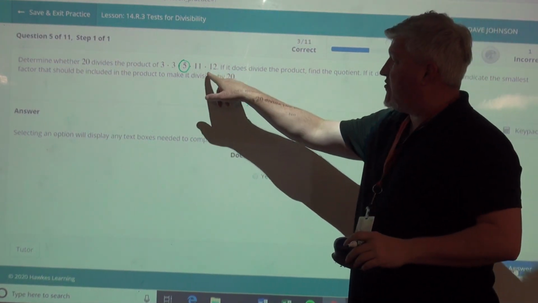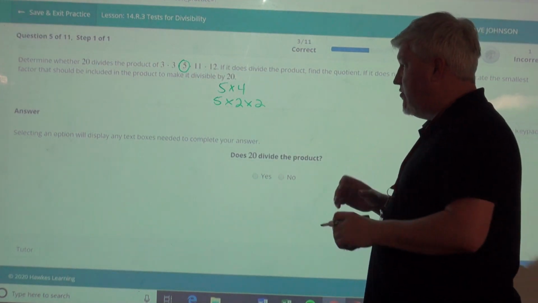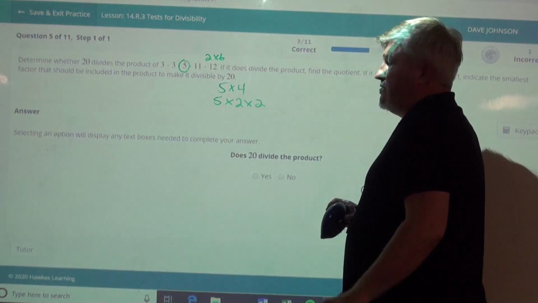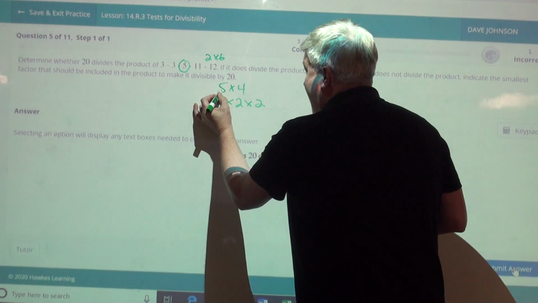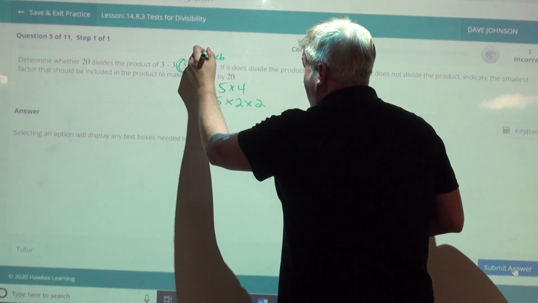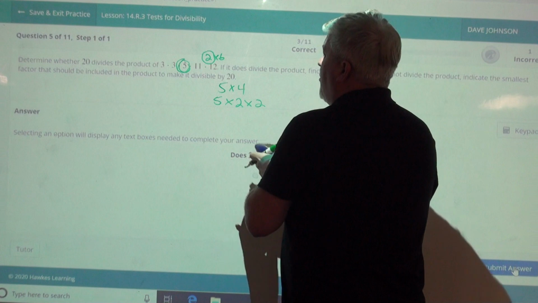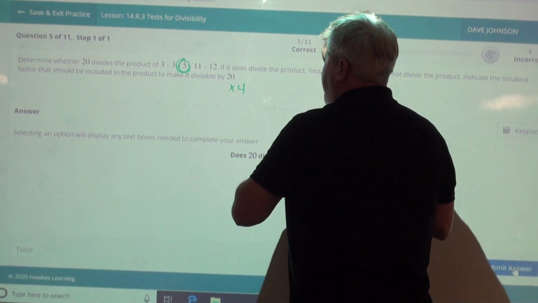Do I have a factor here that has 2 in it? And I do. It's 12. 2 times 6. So, in order for 20 to be divisible, I've got to have 5 times 2 times 2. I've got 5, and I've got 1, 2 here. Okay? Now look, oh, you know what? I'm making this harder than I need to. Ignore that. Making this way harder.